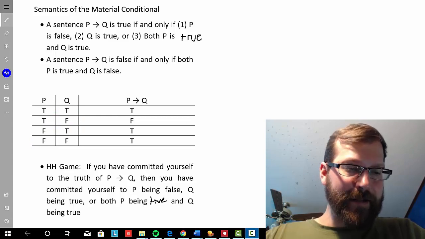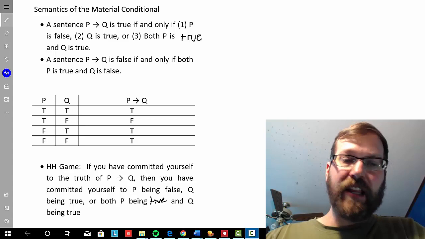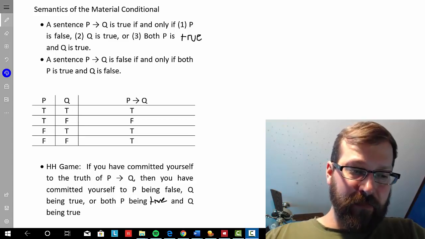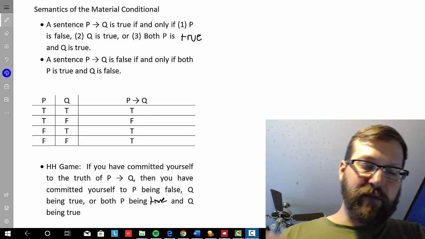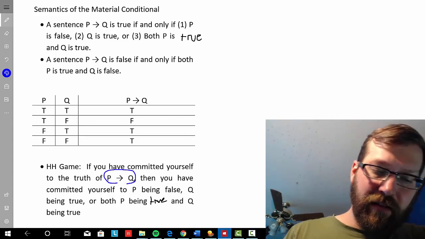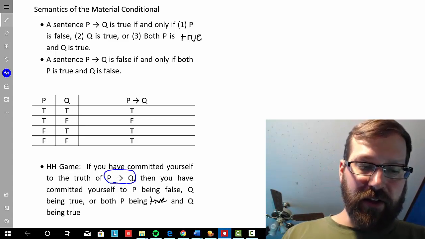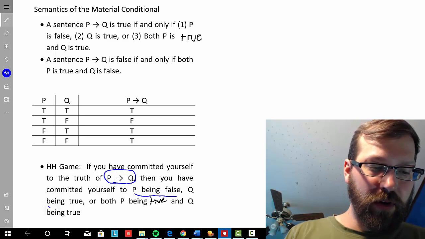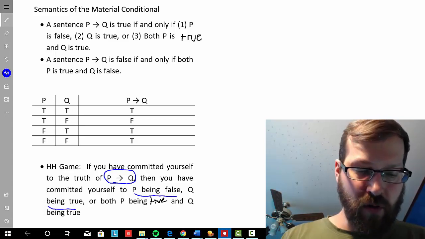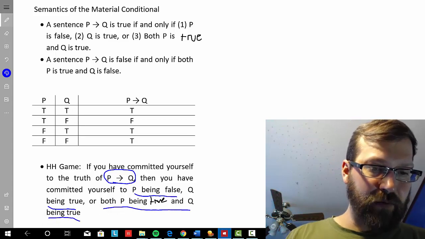Alright, so the Hintikka game also provides us a way of understanding the semantics of a material conditional. And it tells us that if you have committed yourself to the truth of a material conditional if P then Q, then you have committed yourself either to P being false or Q being true, or that P is true and Q is true.